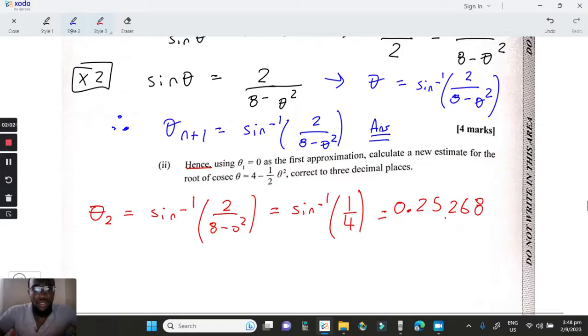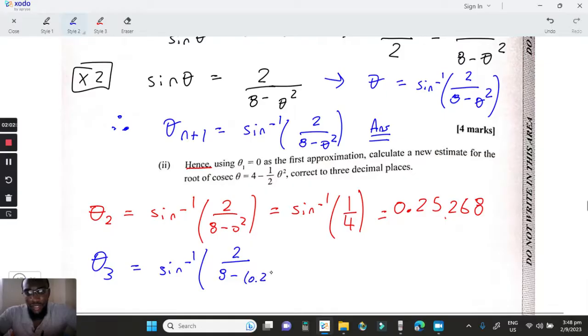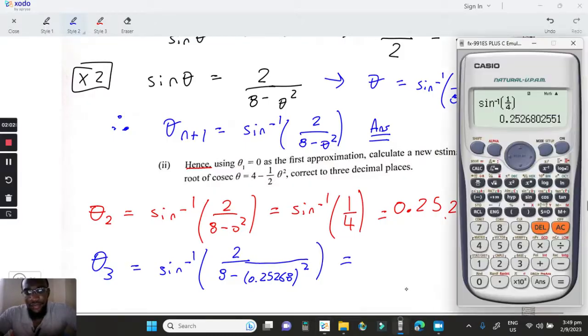That's theta 2. Alright, now we're going to have to go again. Theta 3 now is sine inverse of 2 over 8 minus theta squared. This was the value for theta, 0.25268. Now we're going to square it. We'll put that in the calculator: sine inverse, fraction button, 2 over 8 minus the result that we just got.